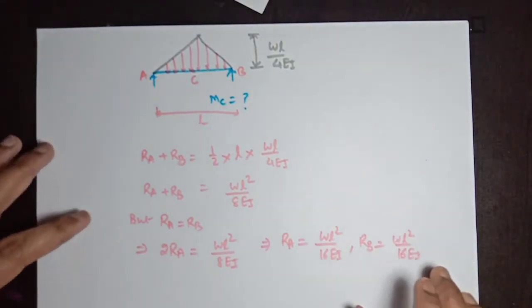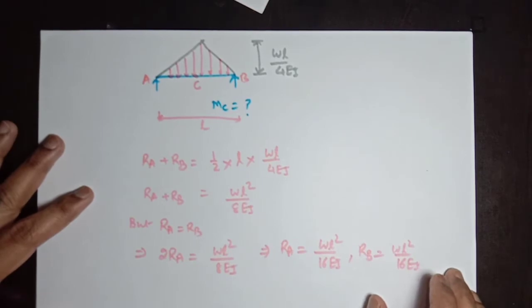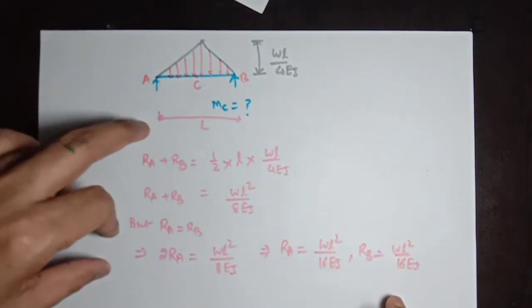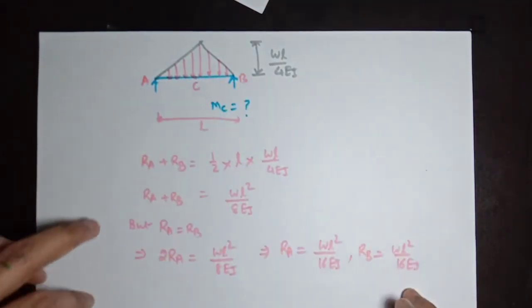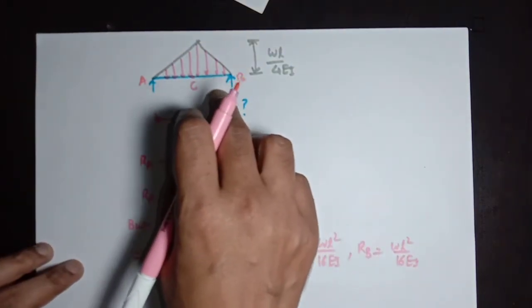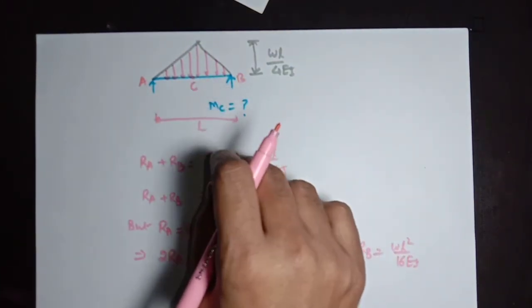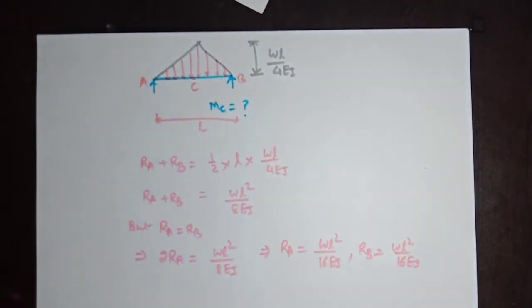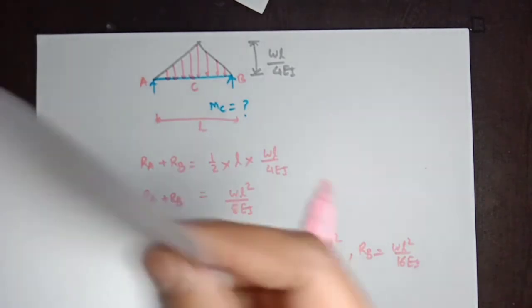Now we want to find the bending moment at C of this conjugate beam, and it can be calculated here.